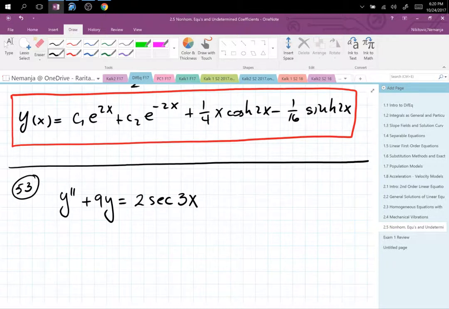It goes cosine, no, it goes sine, no, yeah, negative 3 sine. This one is going to be negative 3.